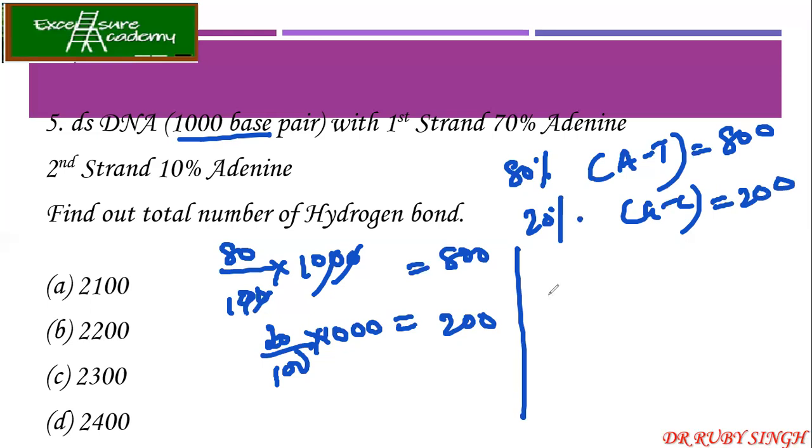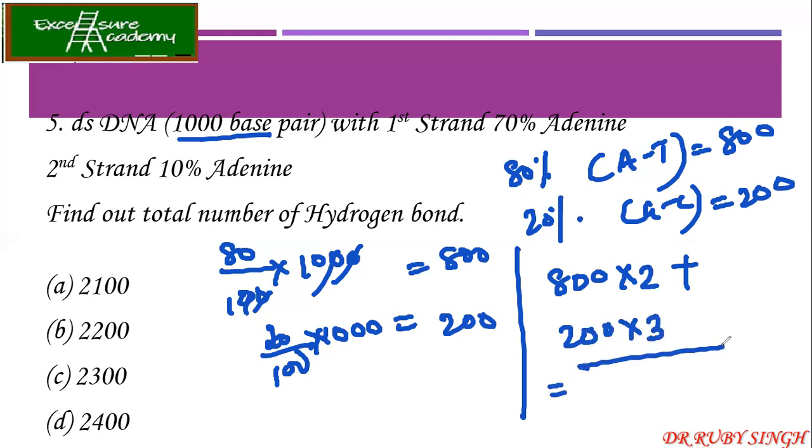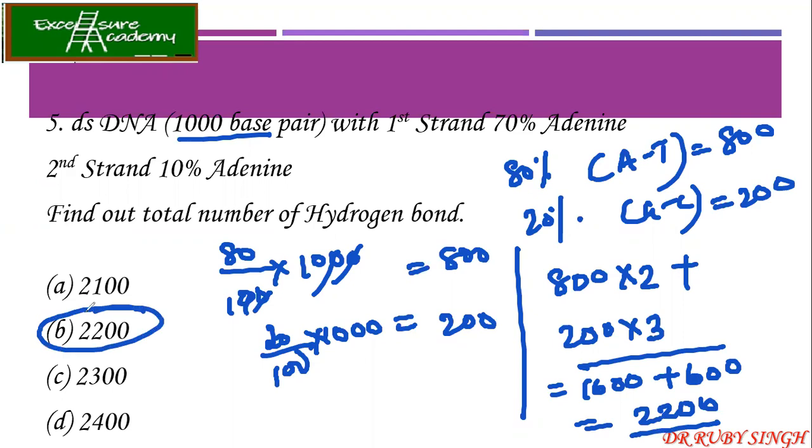Now calculate the hydrogen bonds: 800 into 2 plus 200 into 3. How much are you getting? 1600 plus 600, that is 2200. So your option is B. Clear? Should I repeat it again?